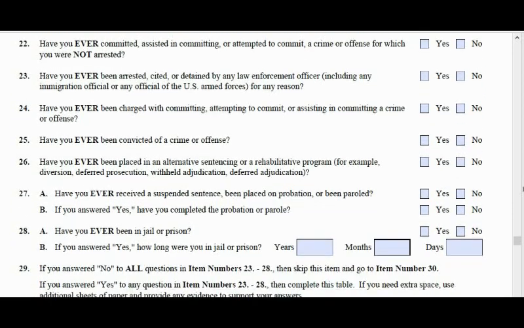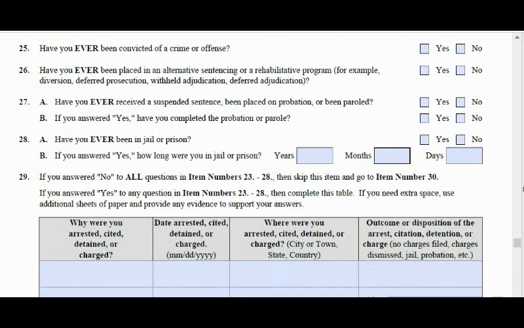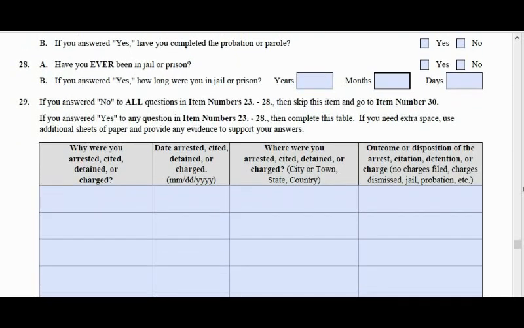Okay. And then from there, we're going to move to 29. If you answered no to all questions in parts 3 to 8, then skip this item and go to 30.